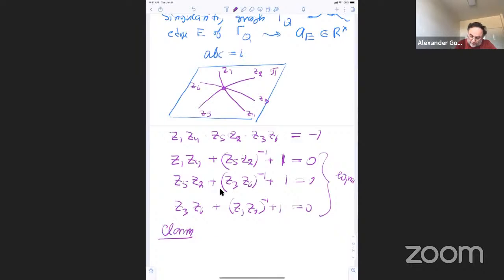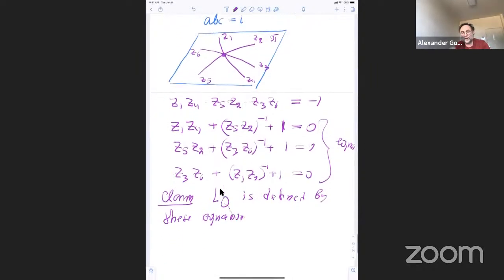So the claim is that this LQ is defined by these equations. This means that if you have an arbitrary quadruple diagram, which somehow sits in a threefold, and you put it somehow inside, I will try to draw it.